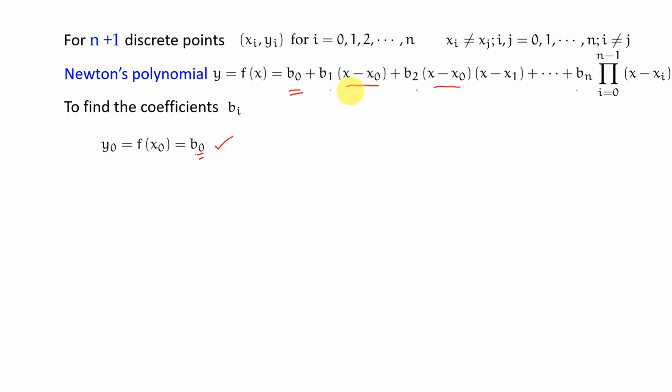Now you see that all the terms in this polynomial y equal to f(x) have this x minus x1 as a factor except the first two terms.